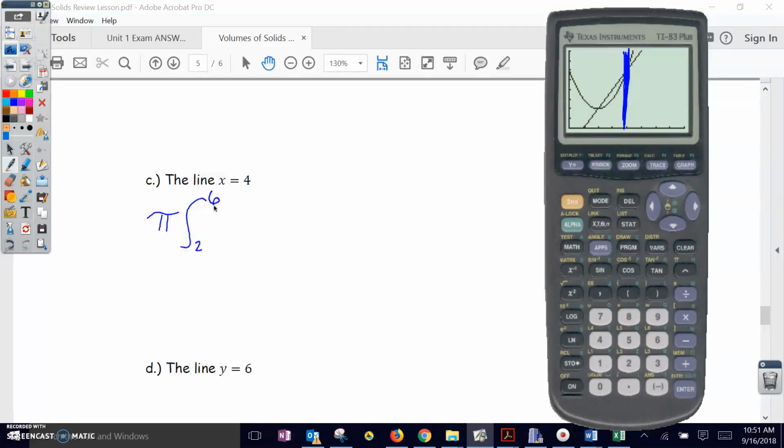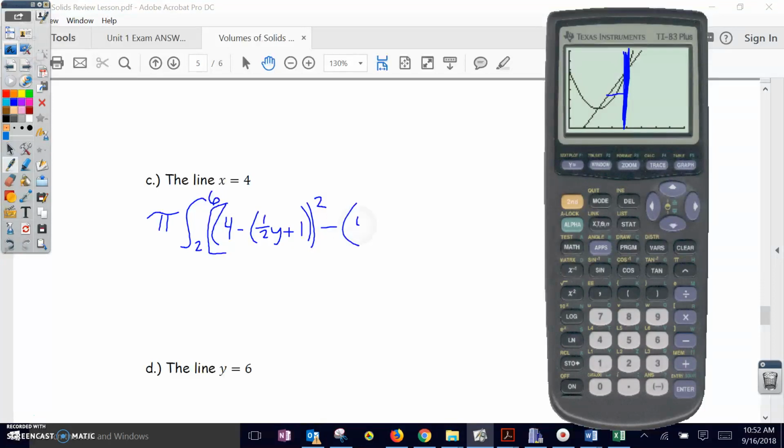We got those limits of integration in part A. And then I need the distance from the line to the axis of rotation. And the equation for that line was x equals 1/2 y plus 1. So I'm going to take the axis of rotation, since it's bigger, minus the line. And that's going to be my outer radius.